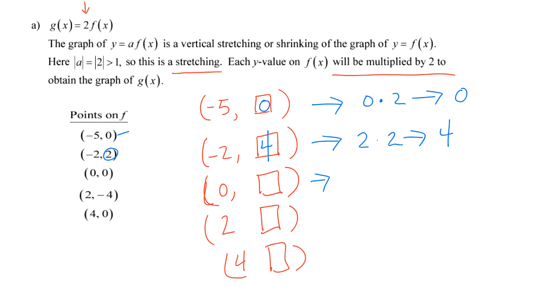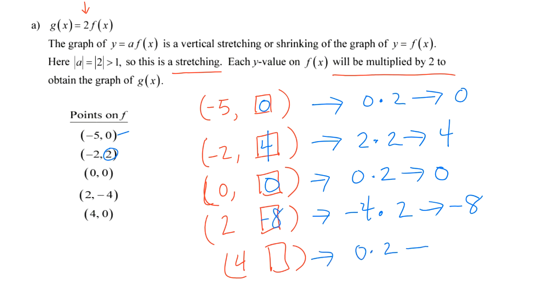And then this one is 0 times 2, 0. And negative 4 times 2 is negative 8. And then the last one is 0 times 2 is 0. So these are my new points when I stretch the graph by a factor of 2.